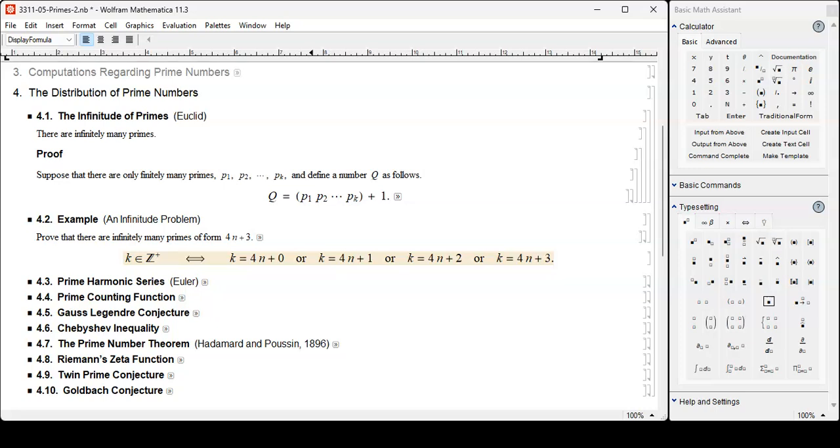So the remainder is 0, 1, 2, or 3 when we divide this k by 4. So congruent to 0 modulo 4, how many primes are there of this form? There's none, because all these are composite. All these are multiples of 4.